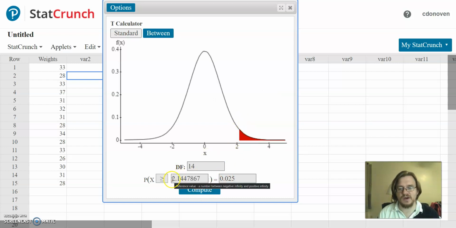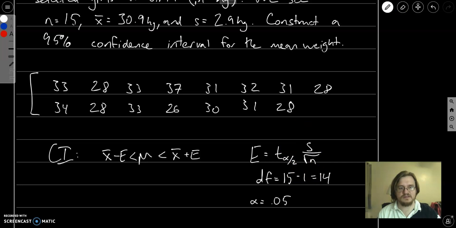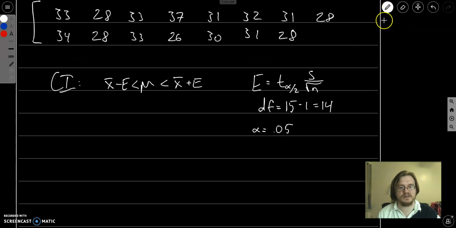So we get a value of 2.14, and I'll round to 2.145. Let's write that down. Our t sub alpha over 2 is 2.145.